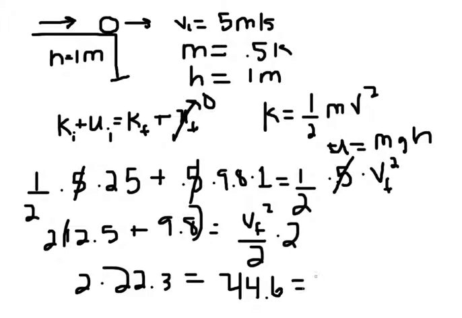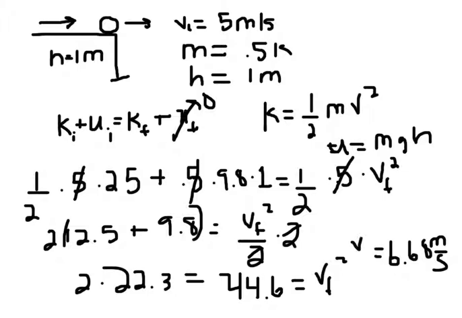Is equal to V final squared. These 2's cancel out. So if we take the square root of 44.6, it is 6.68 meters per second, and then this is V final.